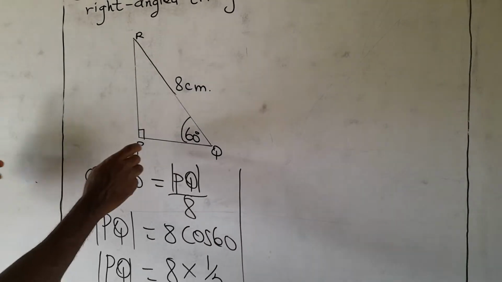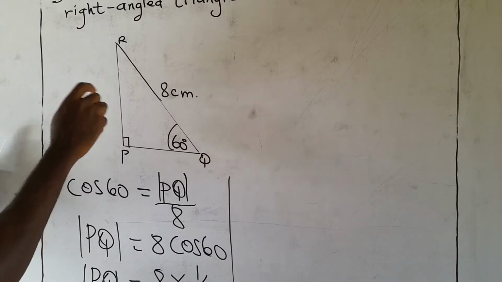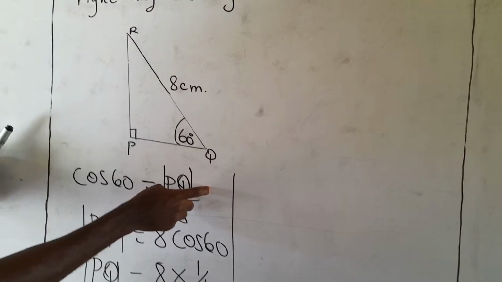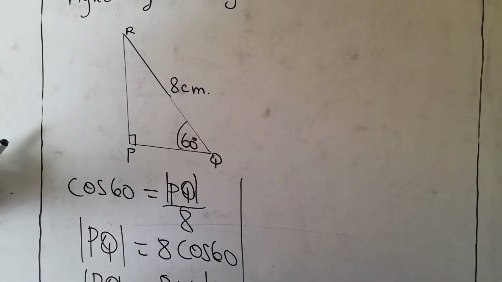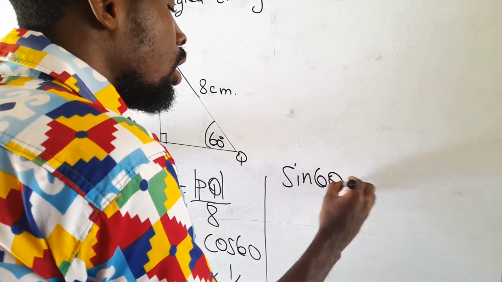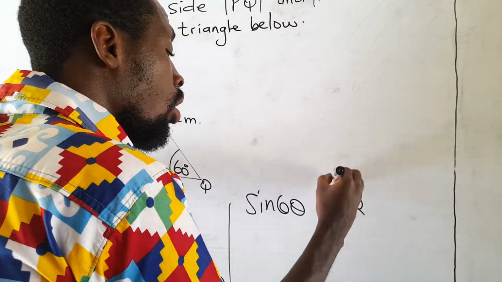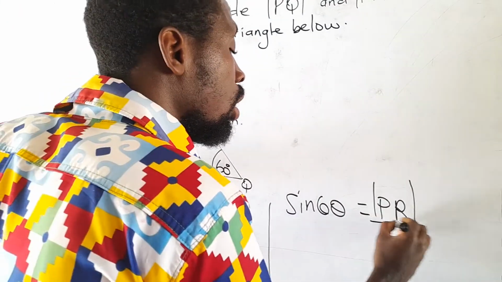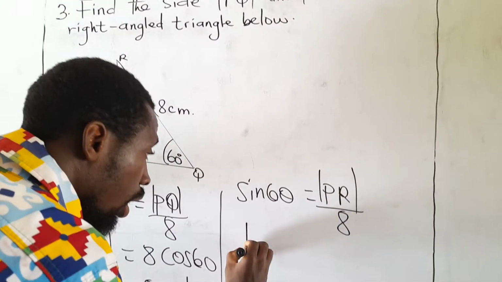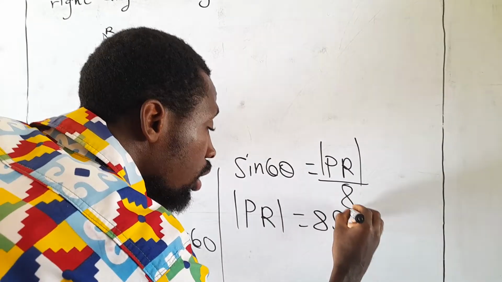Also, to find PR, PR is the opposite, so it's the side against the angle. So the side against the angle with the hypotenuse, then that becomes sine. Then you can say sine 60 is equal to the opposite, which is PR, over the hypotenuse, which is 8. So we can say our PR on cross multiplying will be 8 sine 60.